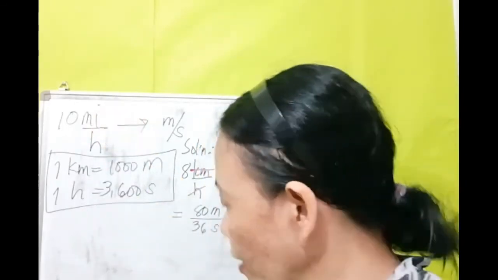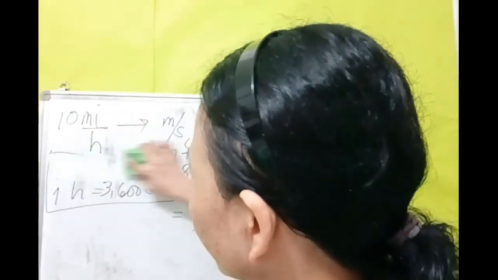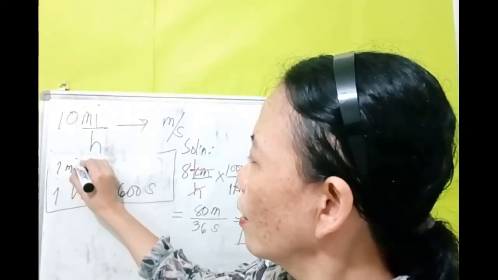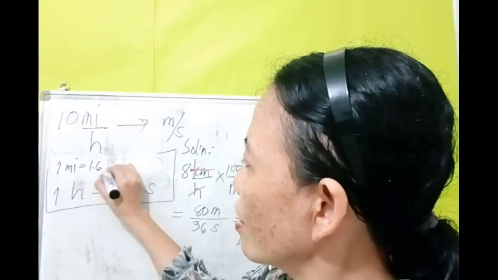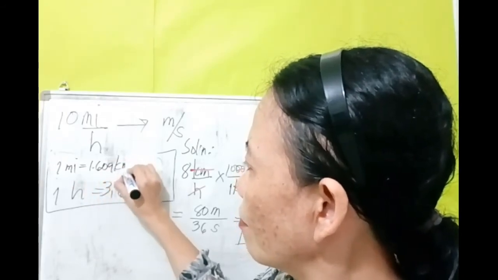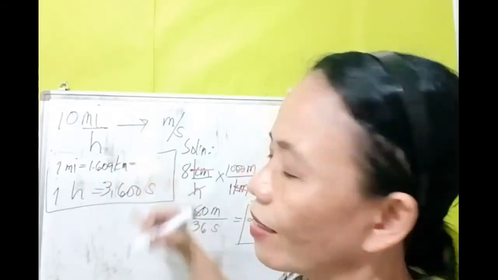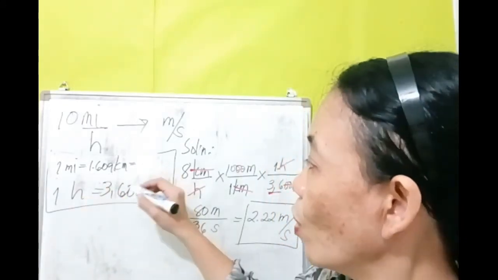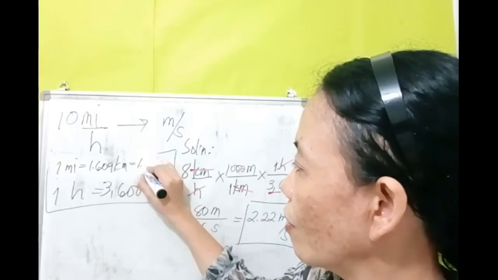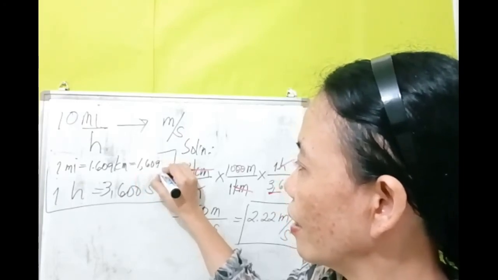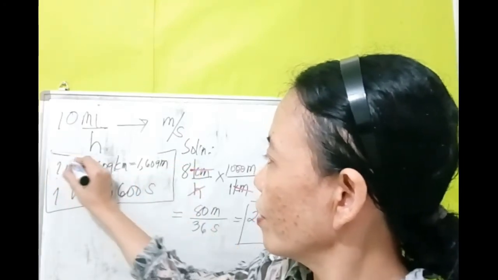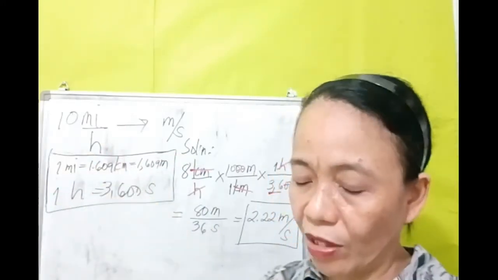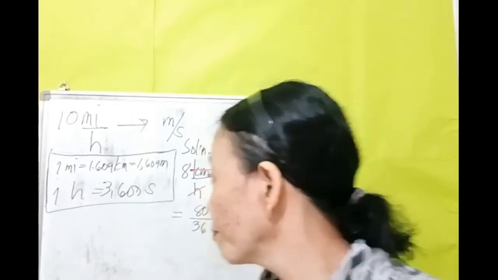In 1 mile, there are 1.609 kilometers, but in 1 kilometer, 1,000 meters. So 1,000 meters multiplied by 1.609 is 1,609 meters. So these are the conversion factors. The same, 1 hour is equal to 3,600 seconds.